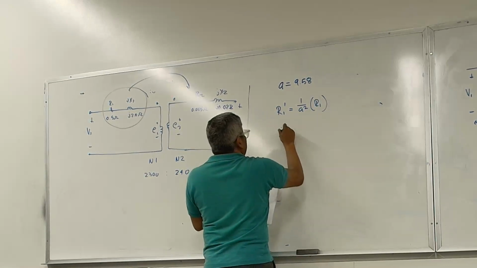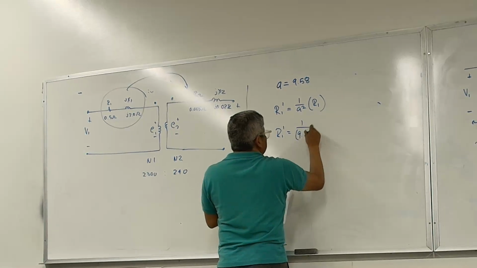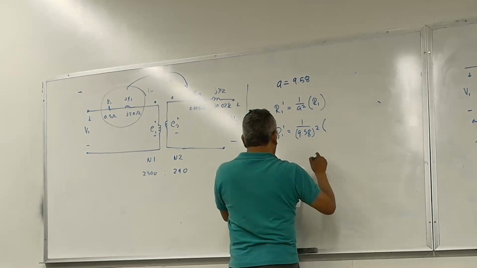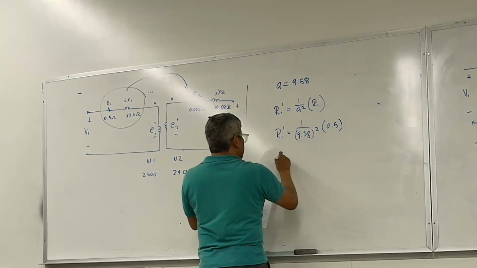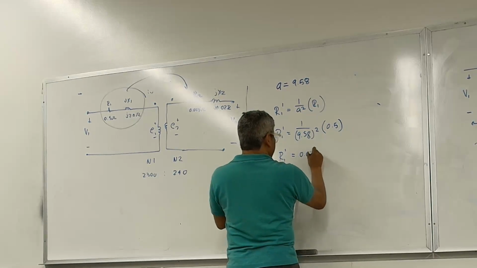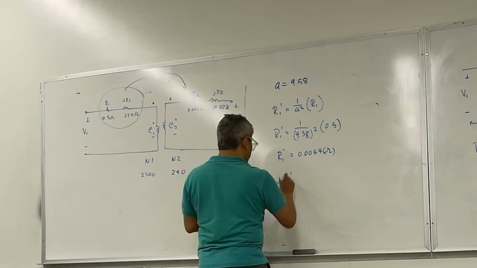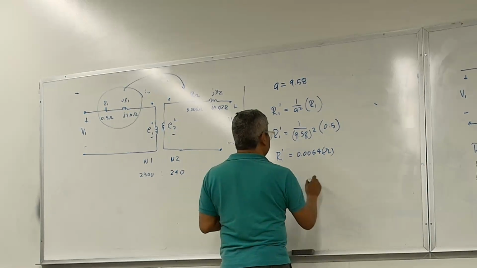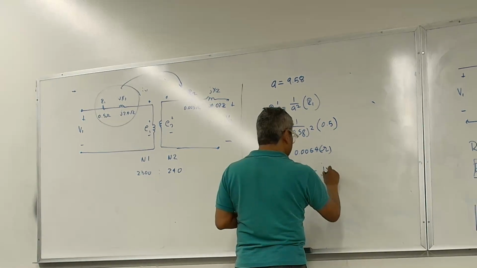So R1 prime is equal to 1 over 9.58 squared times 0.5. R1 prime is equal to 0.0054 ohms. jX1 prime is equal to 1 over A squared times jX1.